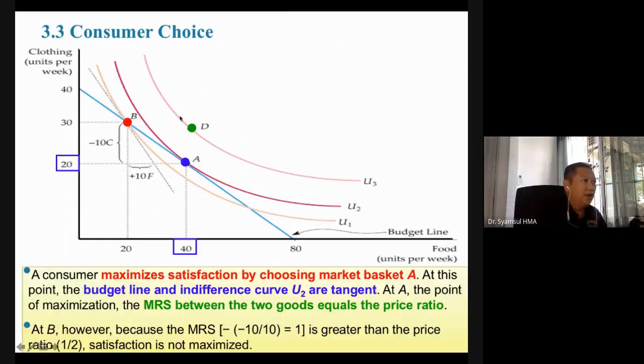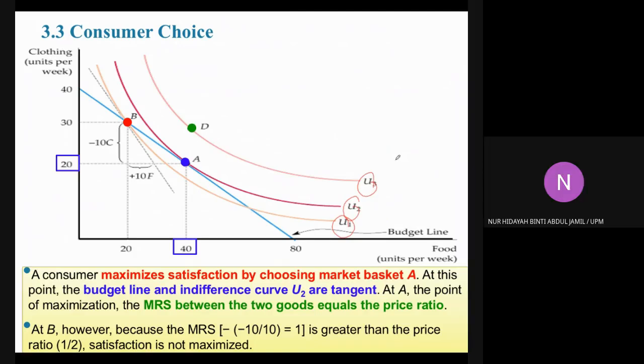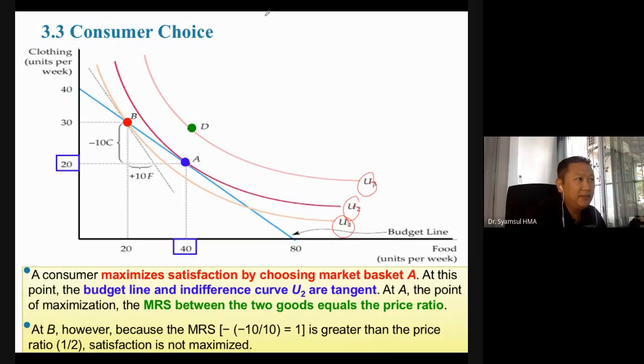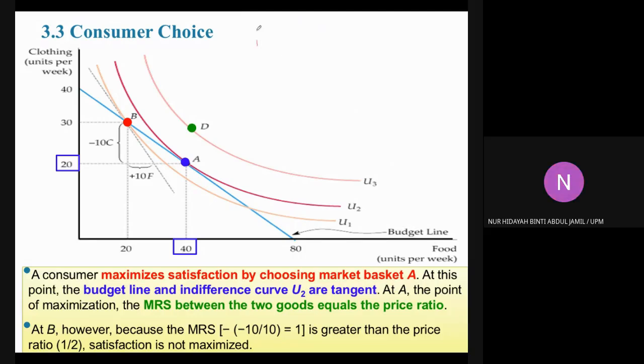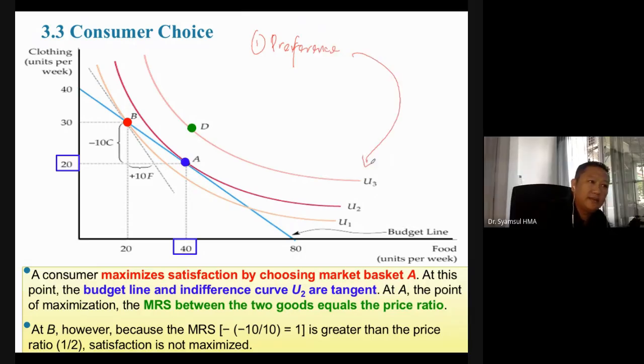After you know the preferences, which one is preferred: utility 1, utility 2, or utility 3? Utility 3. Correct.